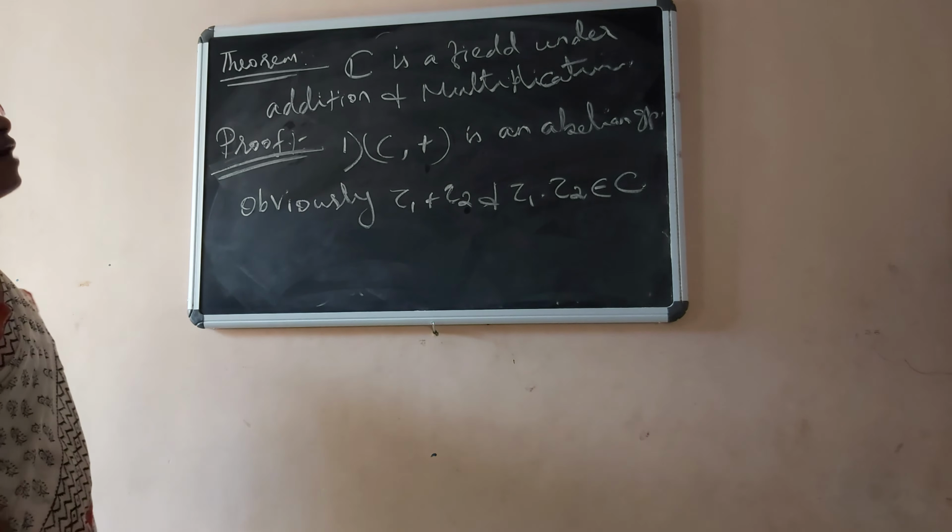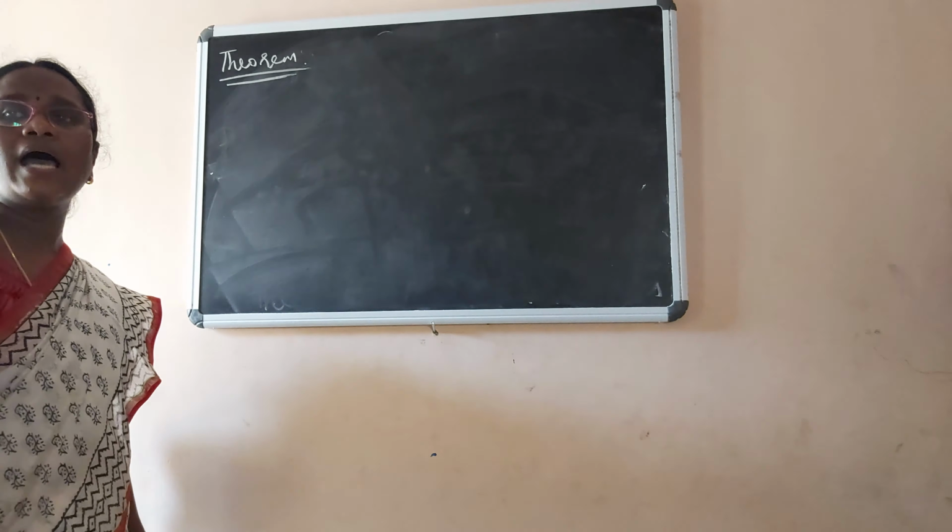This is the additive identity of z is equal to x plus iy. And then we have to prove the existence of the additive inverse of a complex number z is equal to x plus iy.